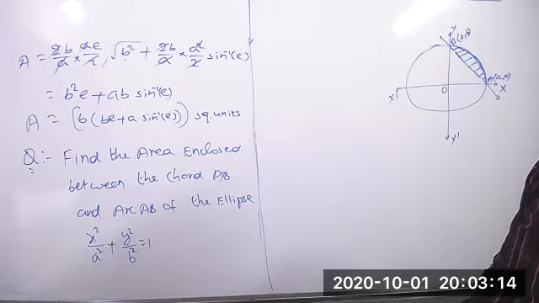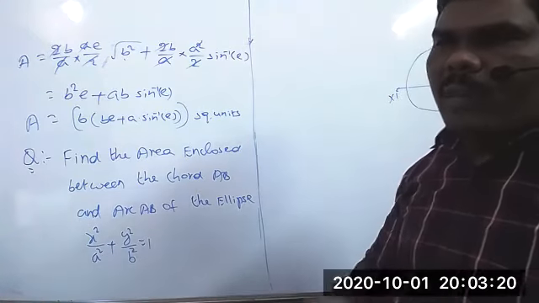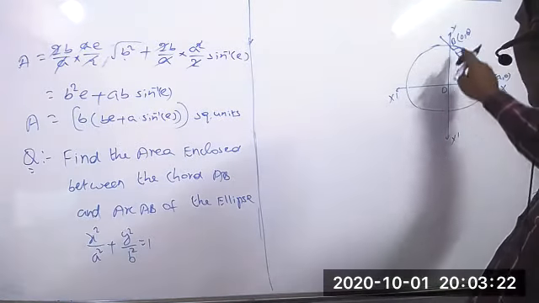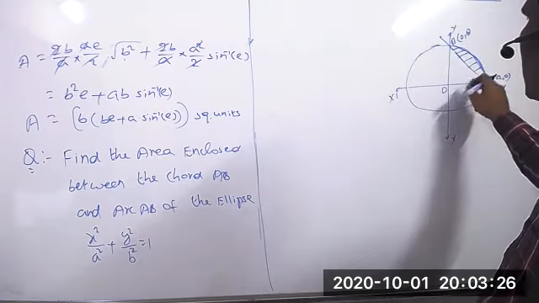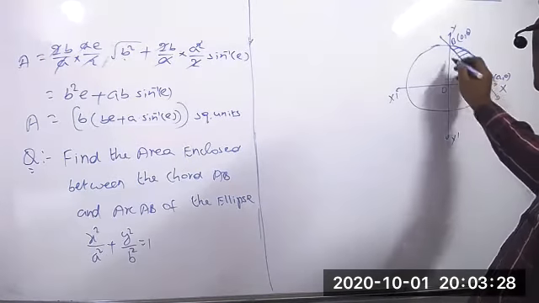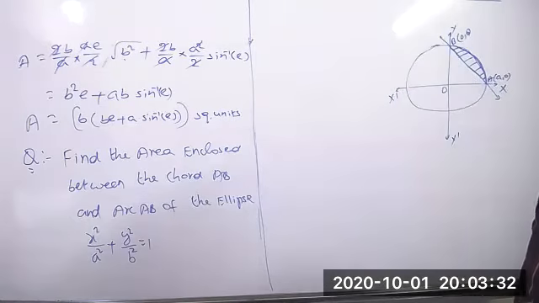Or else y minus y1 equals (y2 minus y1) by (x2 minus x1) into (x minus x1). So by using that formula and these two points, first you can find this line. Then you can take the area of the sector minus the area of the triangle. Directly you can find it.